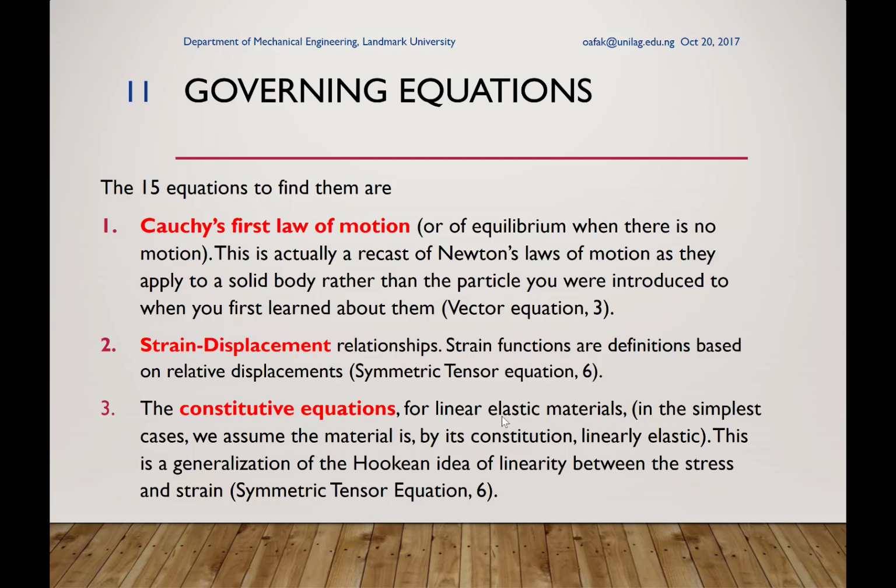So which one is proportional to which? Actually, the 9 stress components are proportional to all the 9 strain components, which would ordinarily give us 81 constants. But for the linear elastic material that is homogeneous and isotropic, it can be proved, and it has been proved, that only 2 of these constants are important in any consideration. So usually you are going to have a constitutive equation containing only 2 constants.